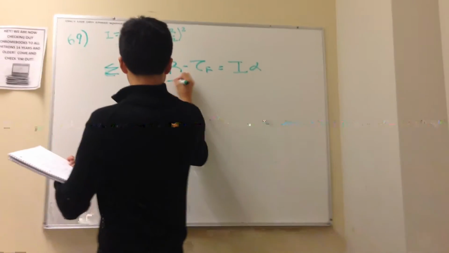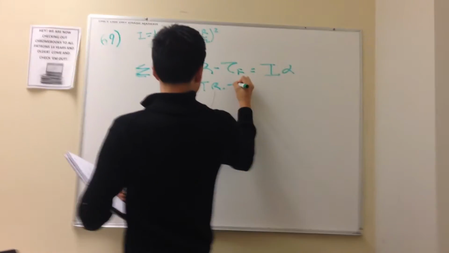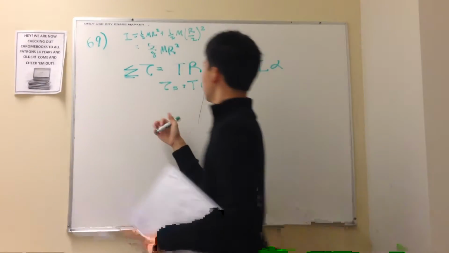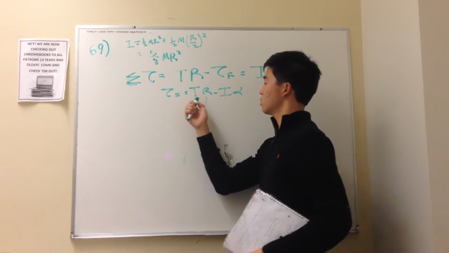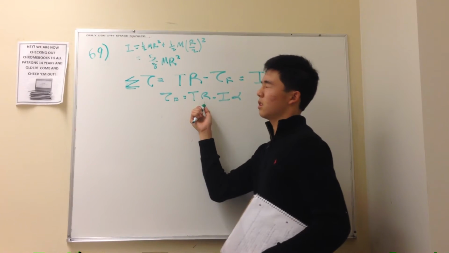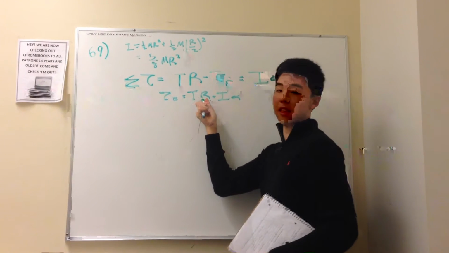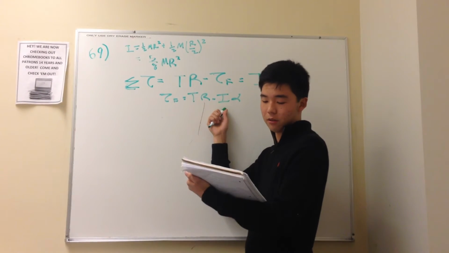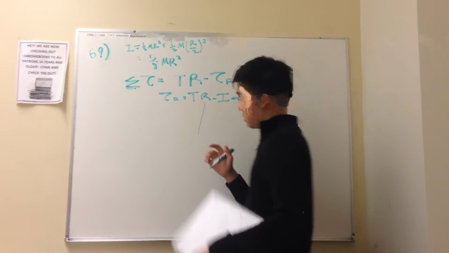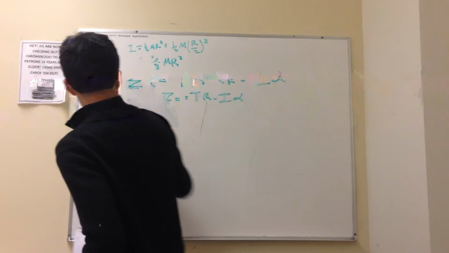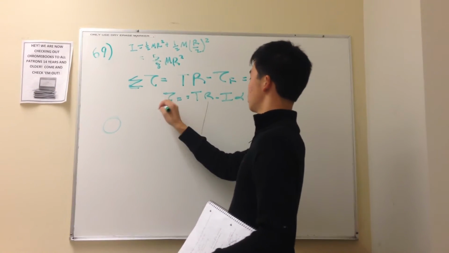If you do some algebra and rearranging, this is what you get: the frictional torque is equal to the rotational torque of the tension minus I alpha. That's the torque of the sum, so we'll just keep that in mind.